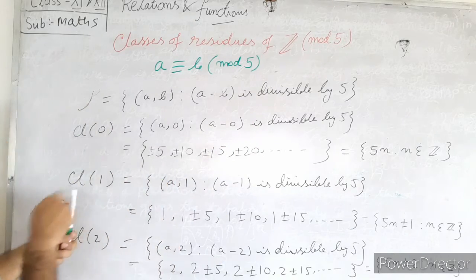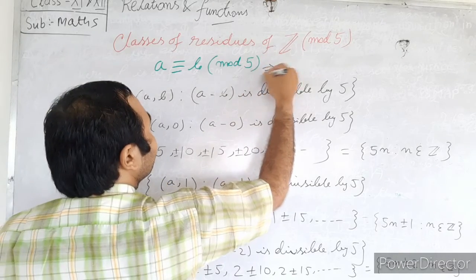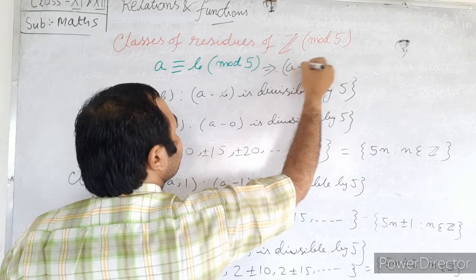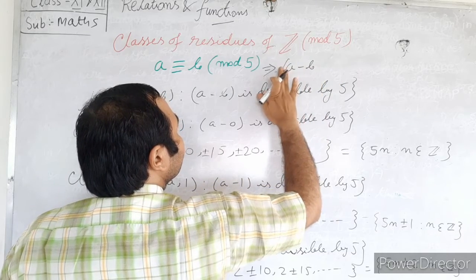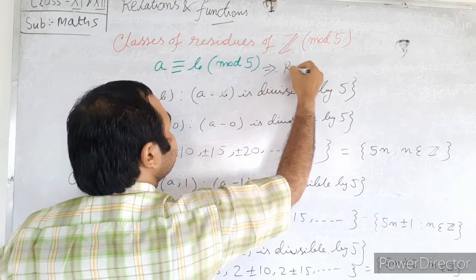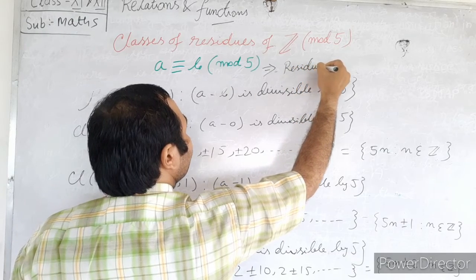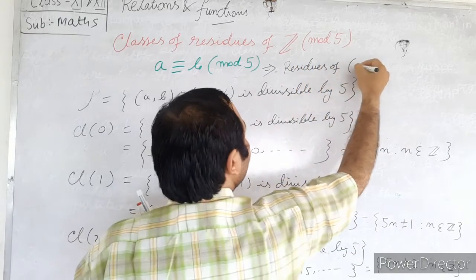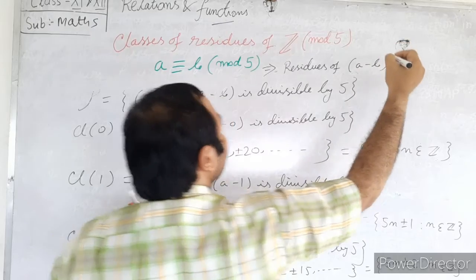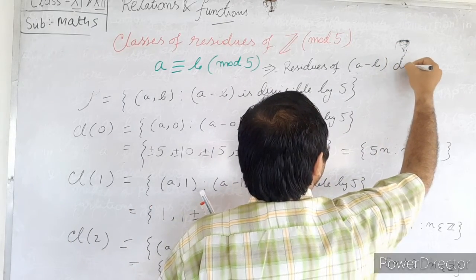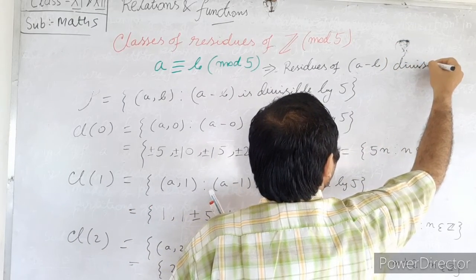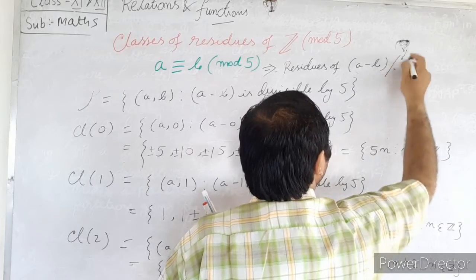This means that a minus b is divisible by 5.